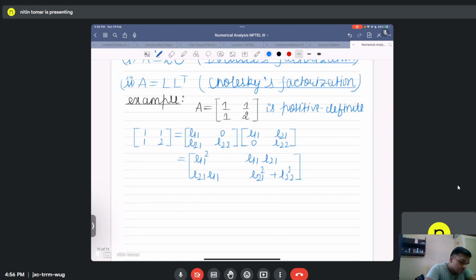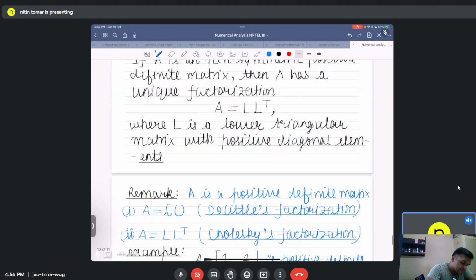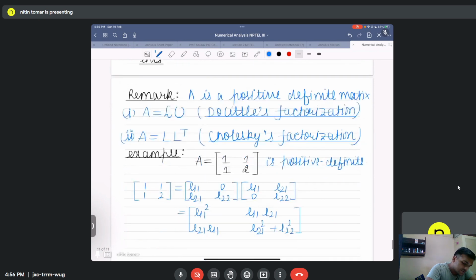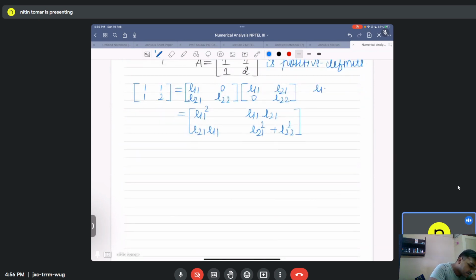Okay, so you remember in the Cholesky's factorization, L is a lower triangular matrix with positive diagonal elements. Can you see this written on the screen? Yes, sir. So which means L11, L21, L22 are positive, right? So can you tell me the value of L11?